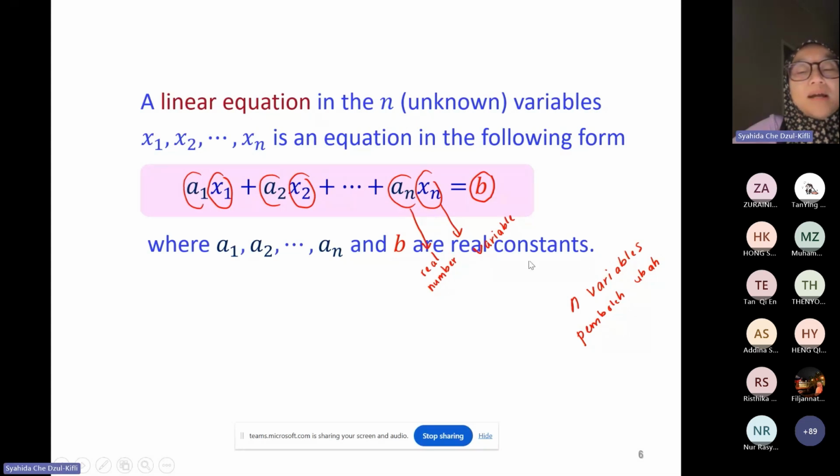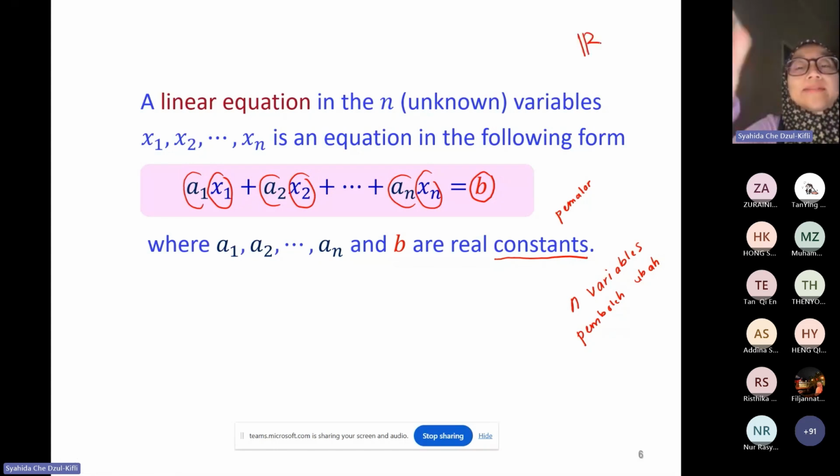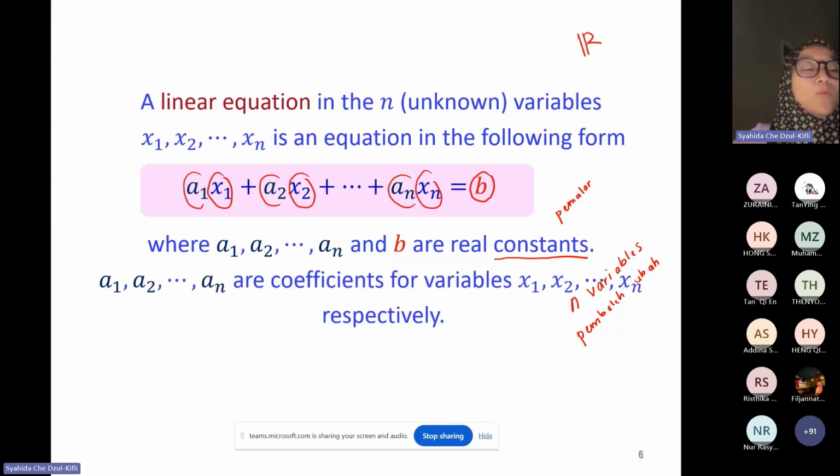Constants means pemalar. Real constants means that it's not a complex number. It's any real number in R. And as I mentioned earlier as well, a1, a2 up to an are coefficients for variables x1, x2 up to xn respectively. Okay. Is everyone clear?